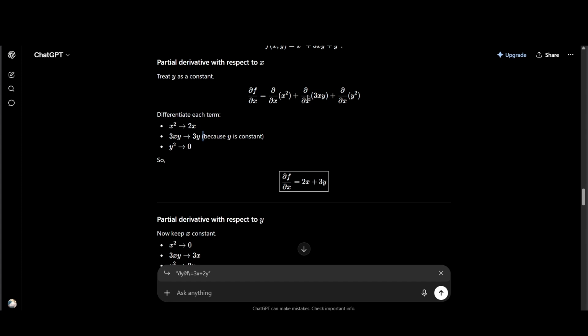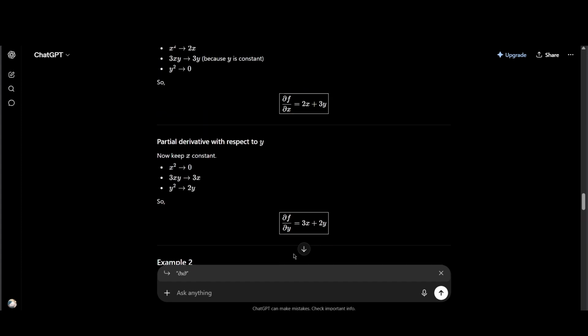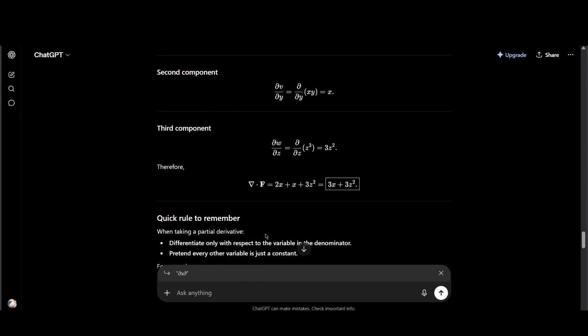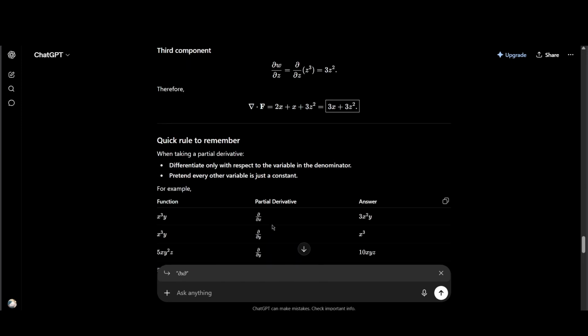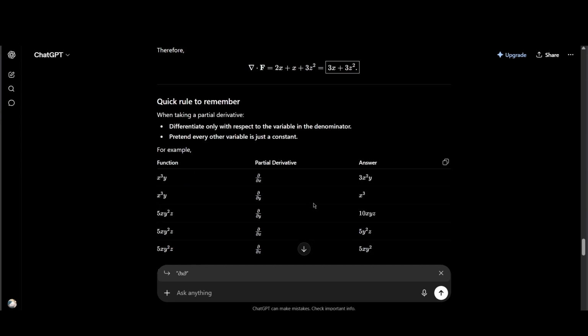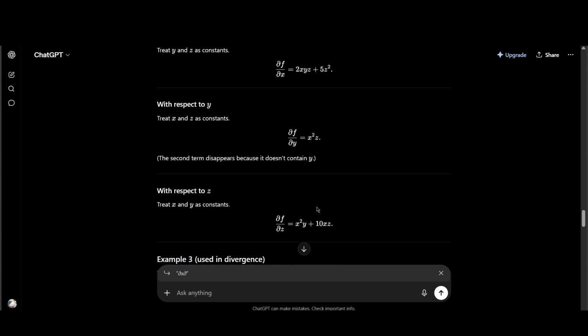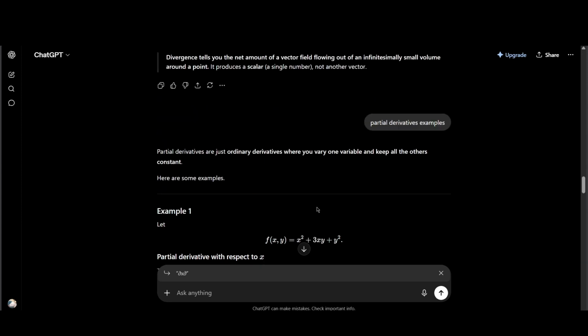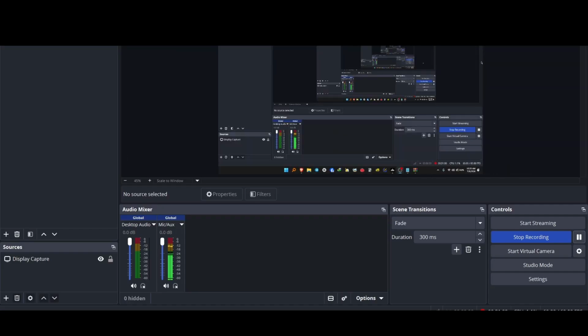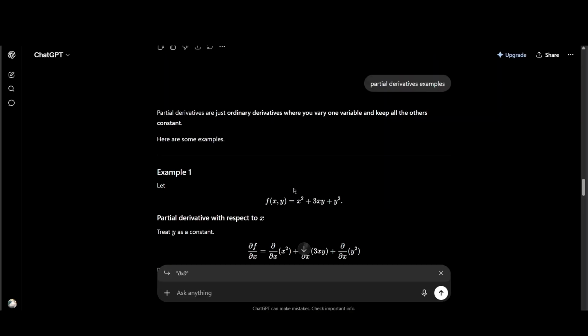So whatever term for the second part, these partial derivatives are the differentiated version of it. Whatever is constant will remain. Whatever variable you made constant will remain in the second part of this.